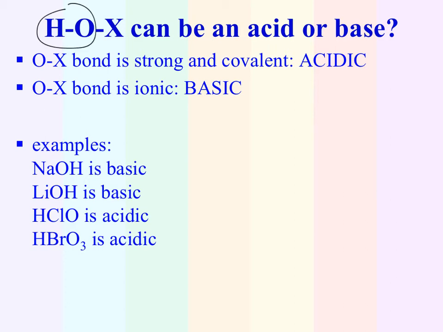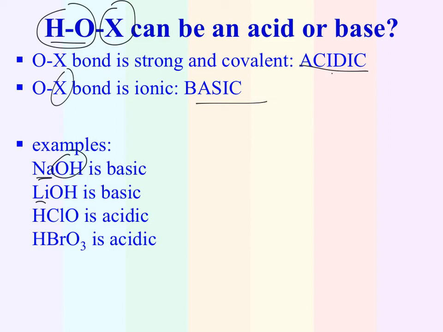If this OH is attached to the other component of the molecule in a covalent way, you're going to end up with acidic solutions. If the OH is attached to the remainder of the molecule in an ionic way, you're going to end up with a basic solution. So, NaOH, notice the OH is attached to the Na in an ionic fashion.